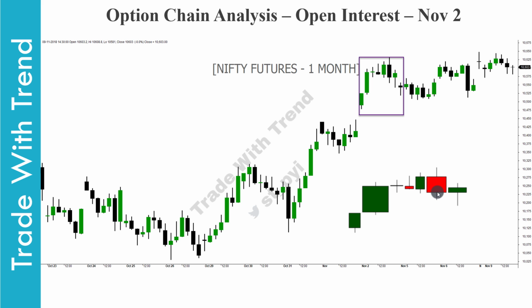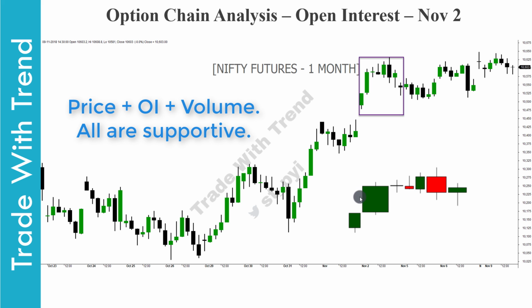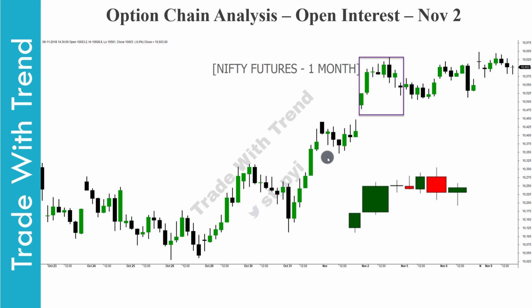Therefore, price along with open interest have both indicated a strong session for the market in the direction of trend. And do not underestimate the importance of volume here, because repeatedly we have seen that whenever price is heading higher, it is heading higher with strong demand candles which are easily visible on candle volume charts.